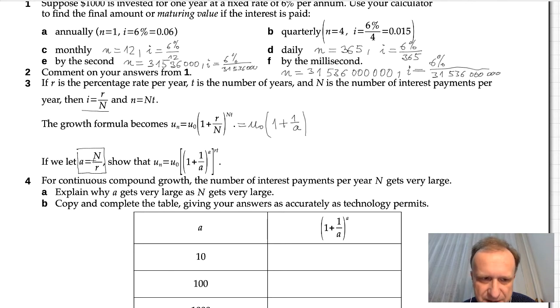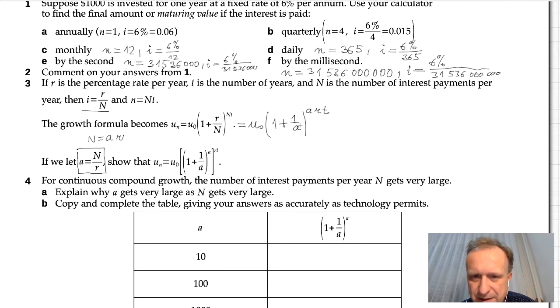So if a is n over r, then 1 over a has to be r over n, and all that is raised to n times t. But if a equals n divided by r, it means that n is a times r, ar. So instead of n, I use ar, and add this t here.